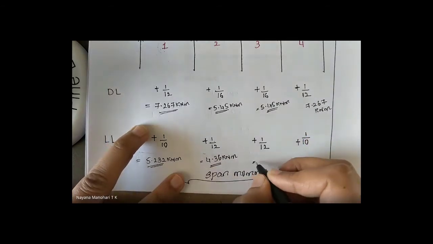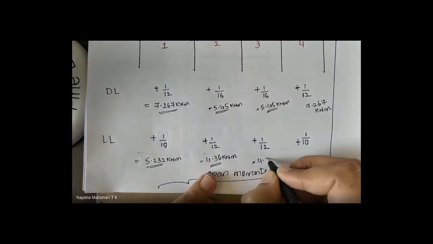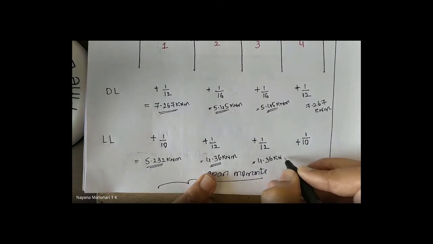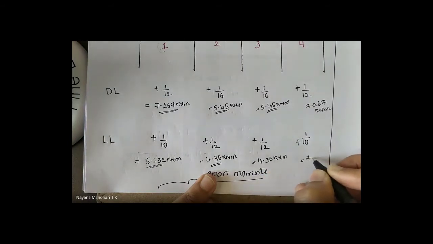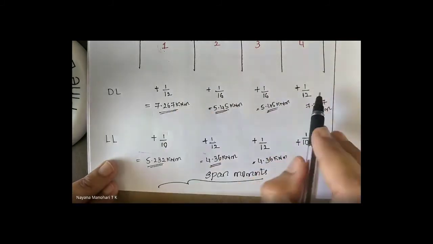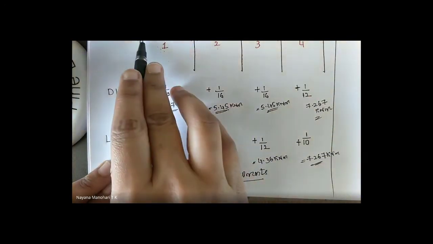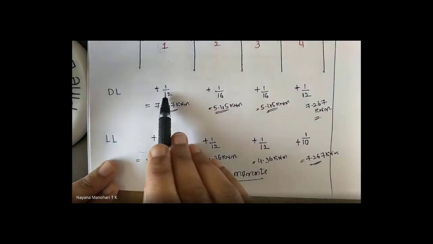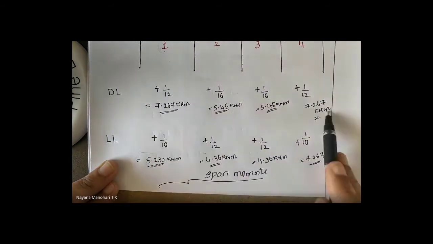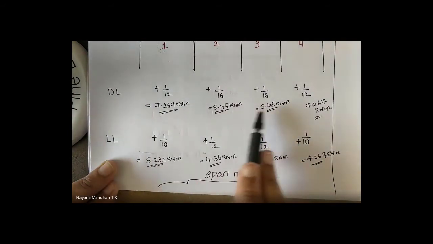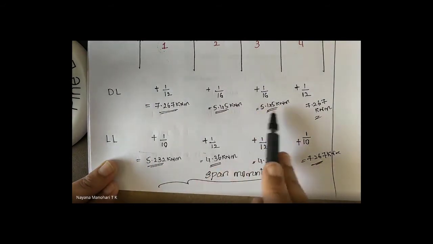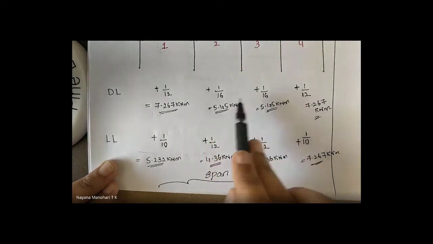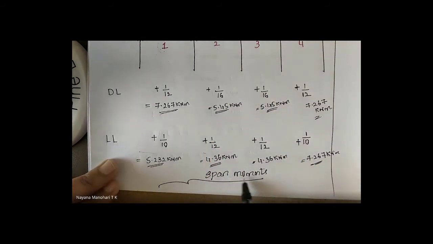This value also is 1 by 12 itself, 4.36 kilonewton meter, and this value is 7.267 kilonewton meter. Because the coefficient at the end span is the same, 1 by 12 and 1 by 12, you get the same value. At the interior span, 5.45, the coefficient is the same. Okay, this is the span moment you calculated.